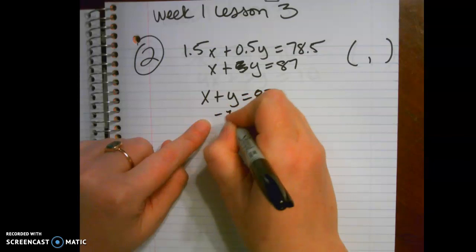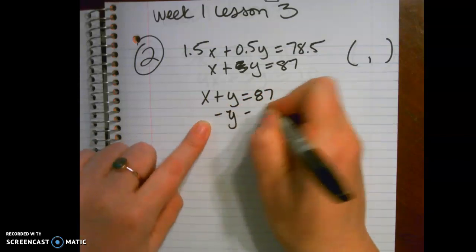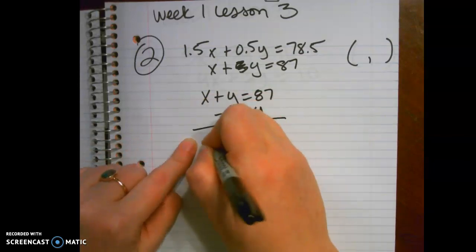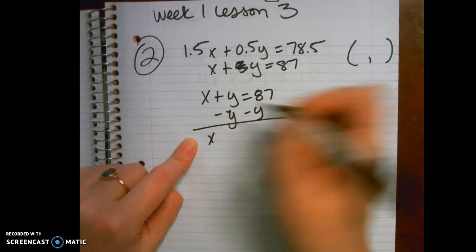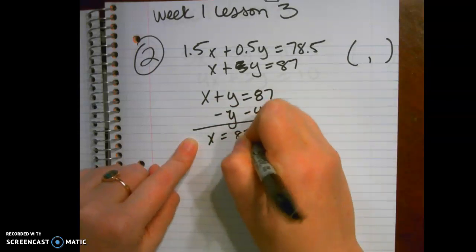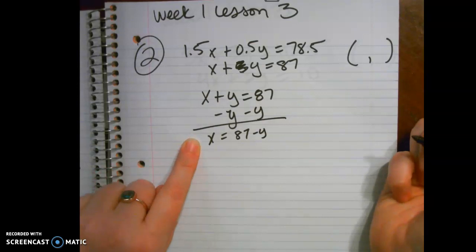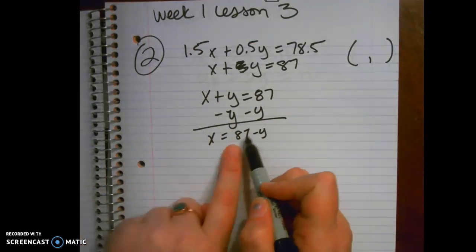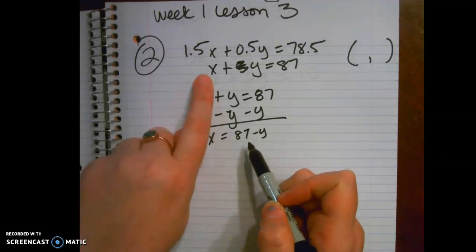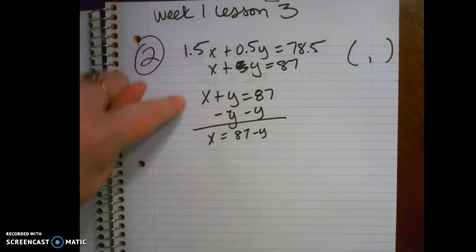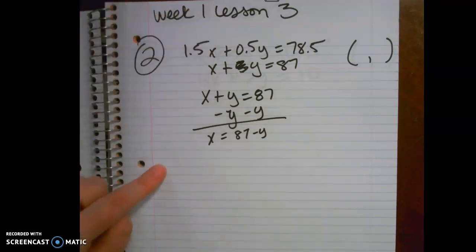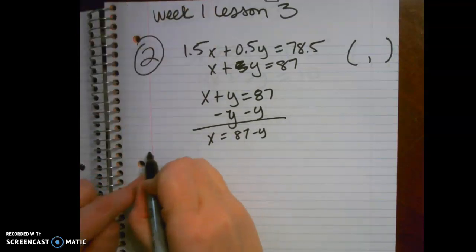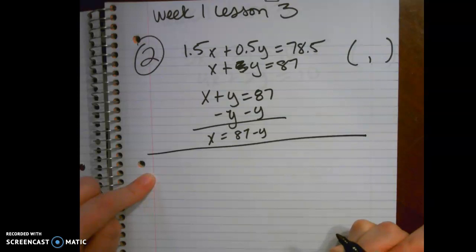So I just go minus y. So x equals 87 minus y. Ta-da! Now I can take this and put it right there. Oh, no, not there. Put it right there.